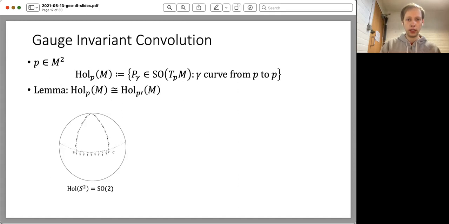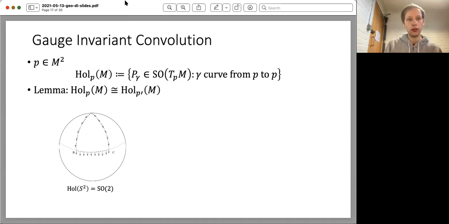And a second lemma is that your holonomy group doesn't depend on the choice of base point if your manifold is connected, which we always secretly assume. So Hol_P and Hol_P' are isomorphic as groups.